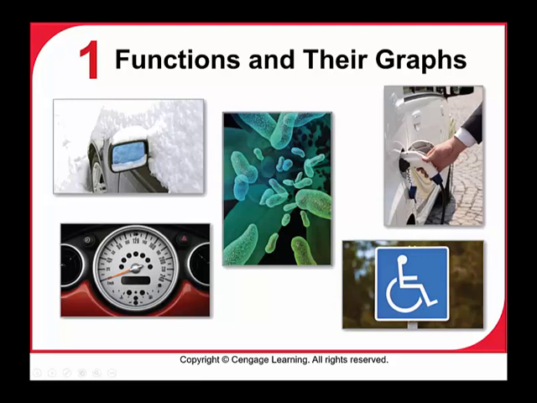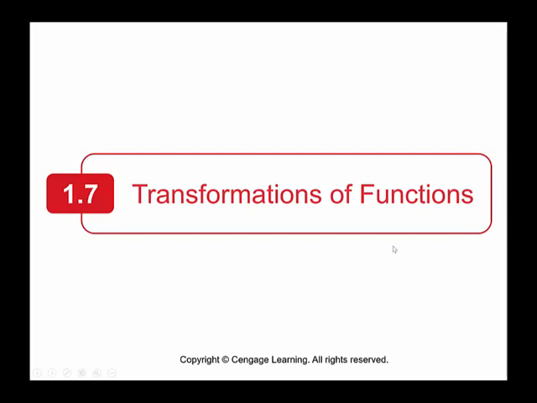Let's continue on functions and their graphs. Then we'll move on to section 1.7 on the transformation of the functions. So we're going to have a horizontal shift, vertical shift.